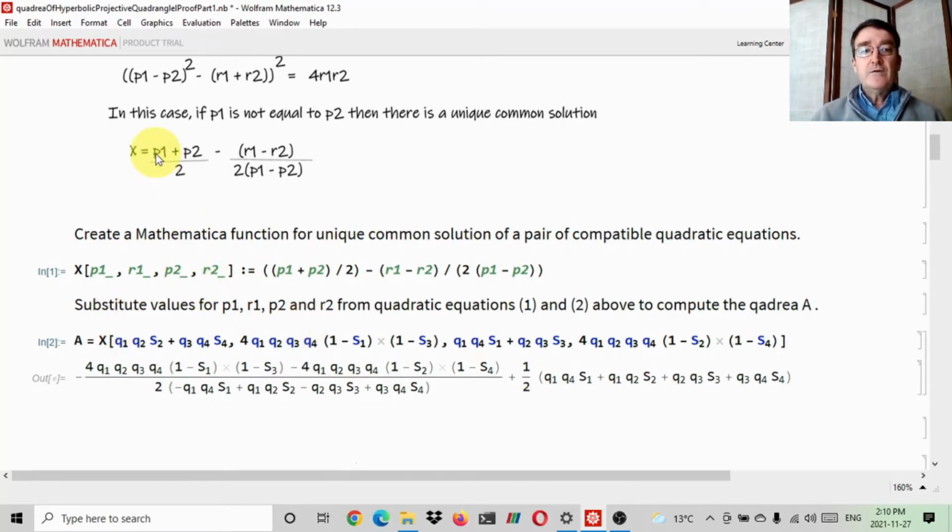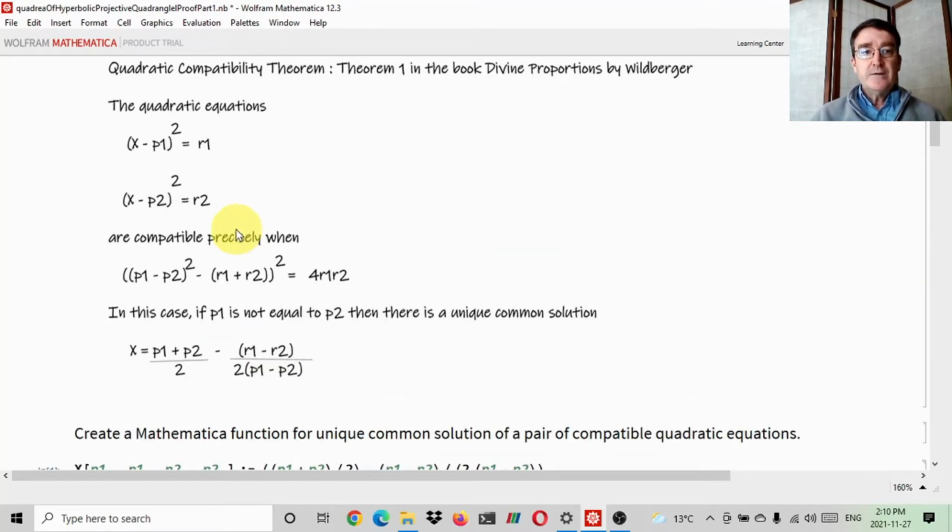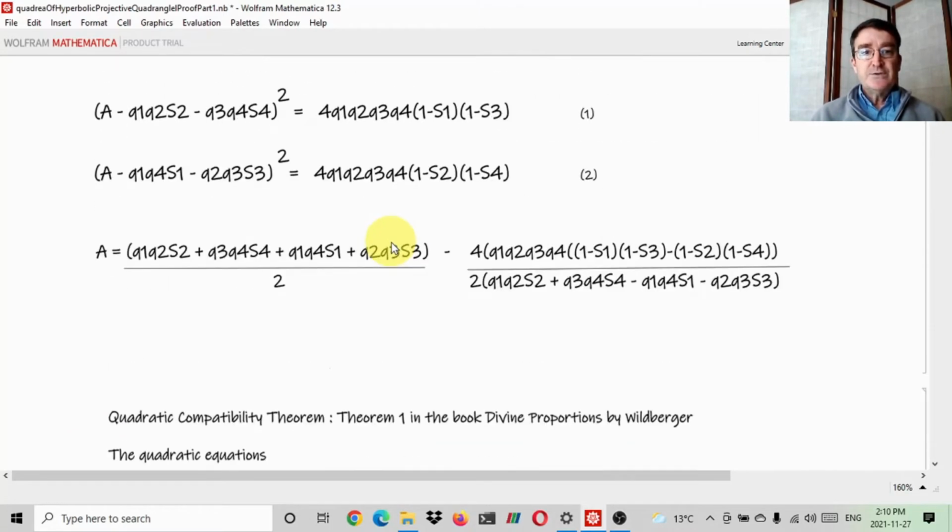And for these quantities, p1, p2, r1, and r2, we're going to substitute in the values here. For p1, it's this quantity here. For p2, it's this quantity here. For r1, it's the right-hand side of equation 1, and for r2, it's the right-hand side of equation 2.